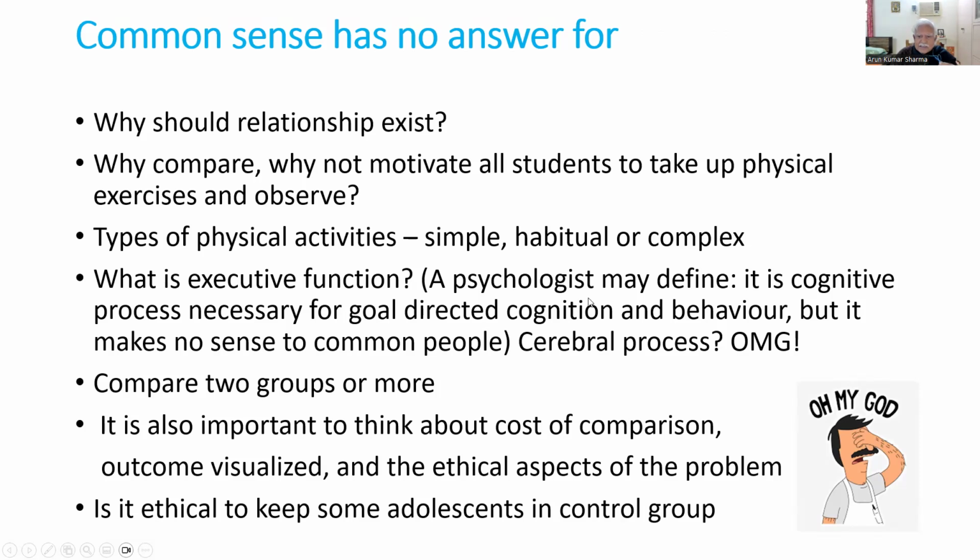A psychologist may define it as a cognitive process necessary for goal directed cognition and behavior. But it makes no sense to common people. So, whatever subject, whatever research topic you are studying, you only understand the jargon, technical terms used in study of that subject, and they must be well defined first.